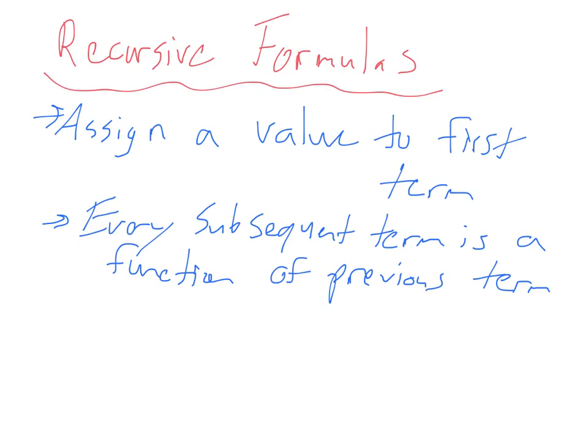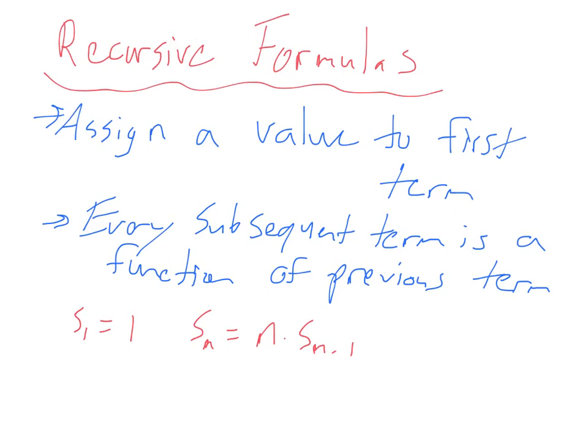So for instance, for a recursive formula, I might say the first term, s sub 1, is, let's just say, 1 for now. And then I might define s sub n to be equal to n times s sub n minus 1.